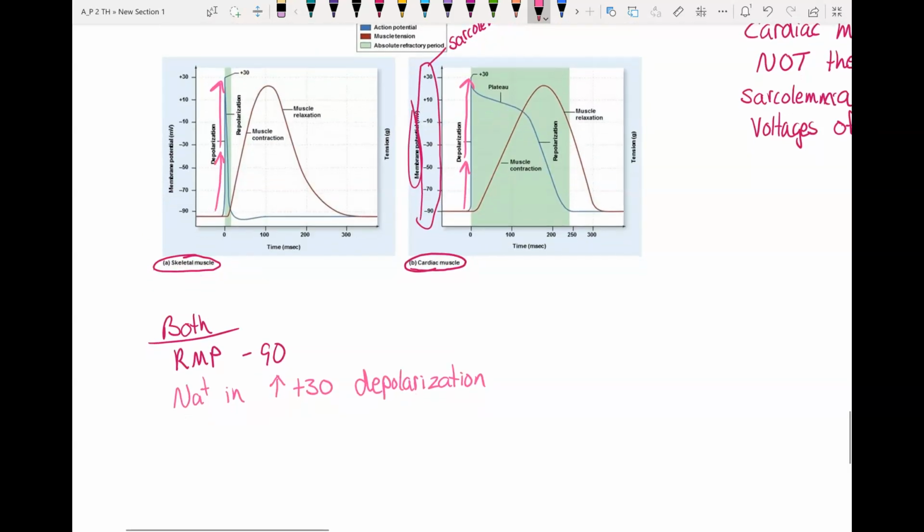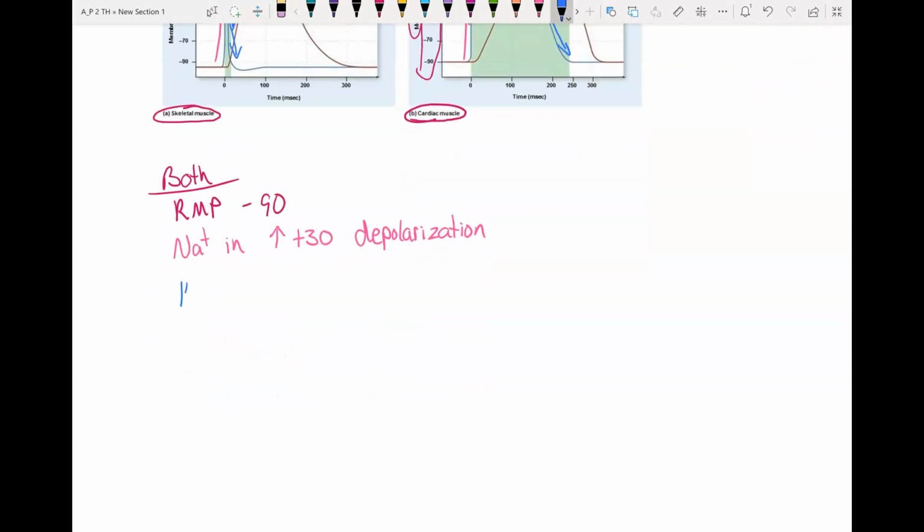Okay, then you have potassium goes out, which is repolarization. This should all sound familiar. You learned this in chapter 12 also. Sodium in, potassium out. Here is your repolarization, the potassium out. And that brings you back down to -90.